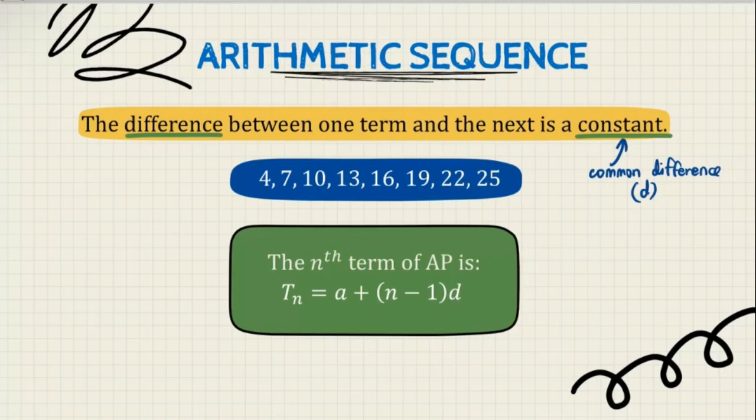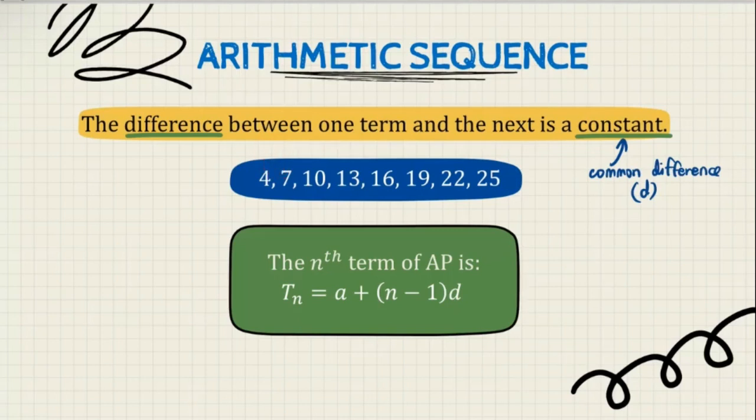Alright, so let's look at the first example kat sini. Ada satu sequence of number yang saya telah beri. So 4, 7, 10, 13, 16, 19, 22 dan 25. So this sequence, kalau kamu perhatikan apakah persamaan antara kesemua sequence ini. If we look here, the common difference, from 4 to 7, kita akan tambah 3.